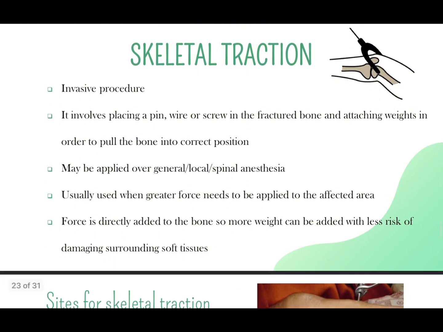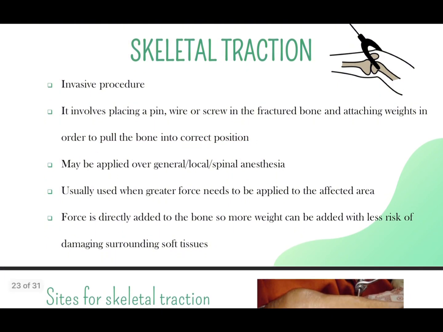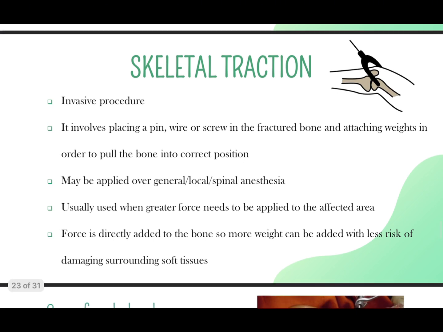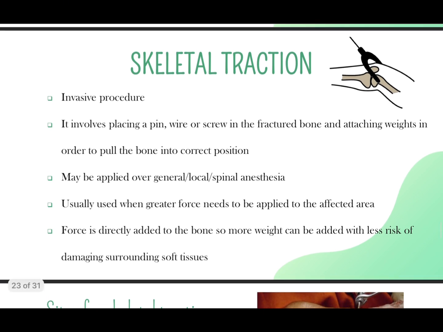It is basically applied when the patient cannot be operated on as soon as the fracture occurs, in order to buy some time, because in that time there are various deforming forces, like the soft tissue surrounding the bone and the fractured site, which may deform the fractures in different directions. In order to prevent those deforming forces from acting, we apply skeletal traction to pull the bone in the correct position.